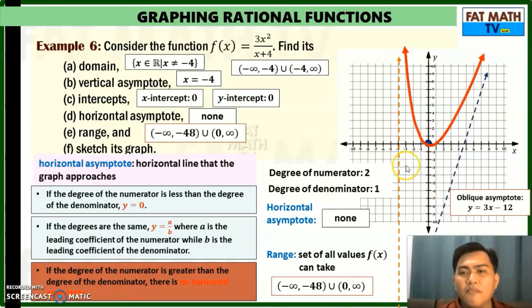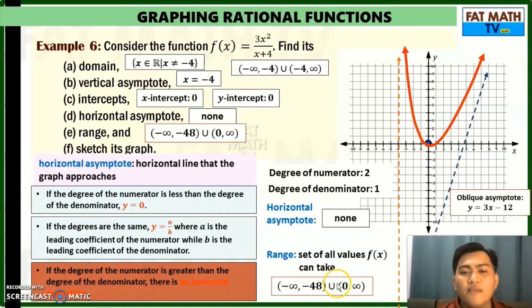But there's a pair for this down here that we cannot see anymore because of the limited Cartesian plane. This also has a pair. And for the range, it can take any value from 0 to positive infinity. And then for the bottom part, the pair of this, that's from negative infinity until negative 48.